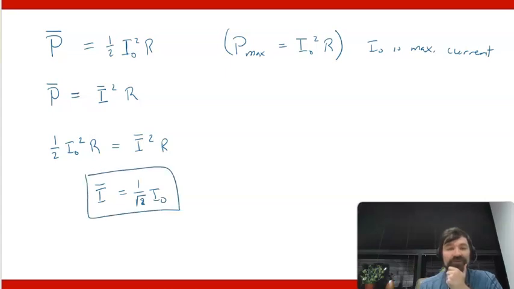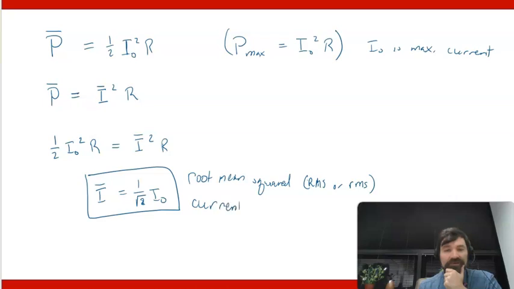This is what's called root mean squared current. Sometimes this is abbreviated RMS or lowercase rms. Okay, and so this is basically your average current for the cycle.